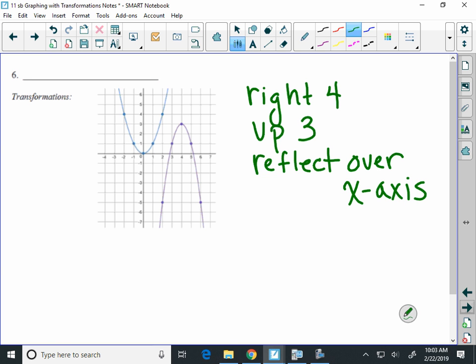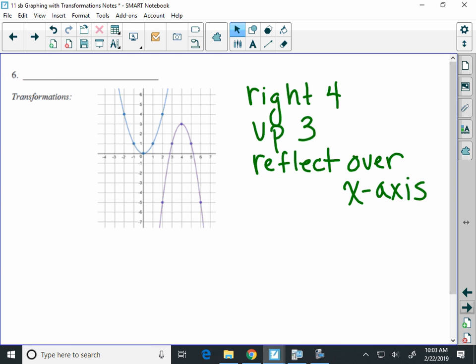The last thing that we need to check for is, do we have a vertical stretch or compress? And again, in terms of pattern, from the parent function, start at the vertex. We went one space to the right and one up. Well, over here in our purple function, we went one space to the right, but we went 2 down.